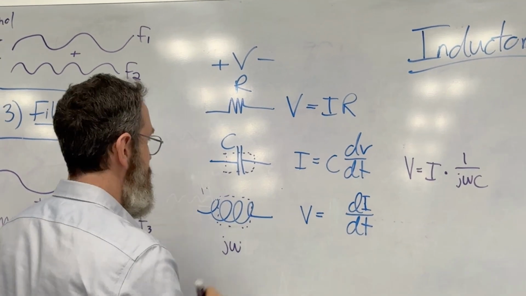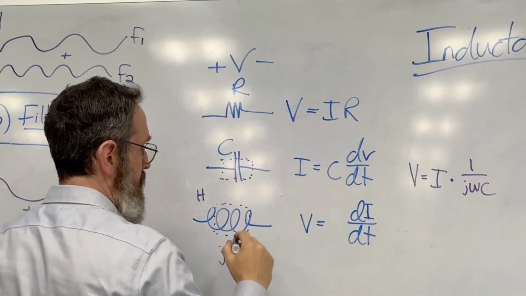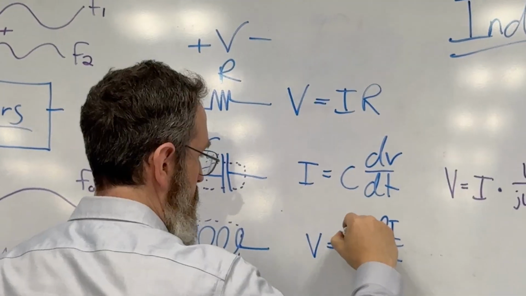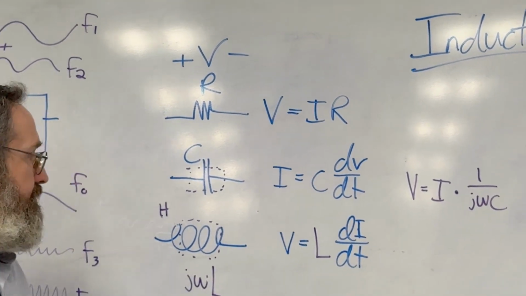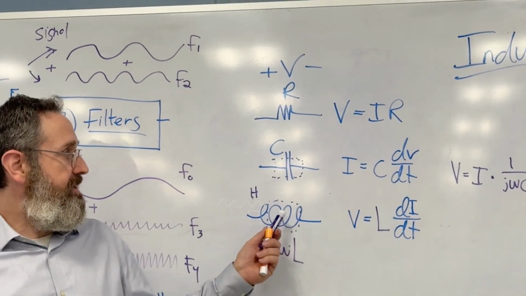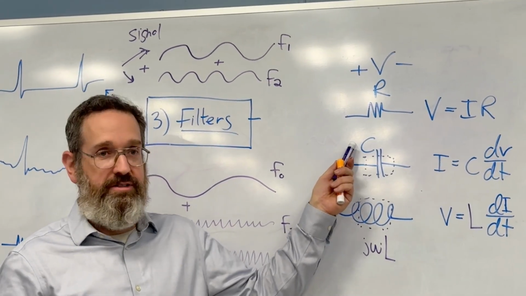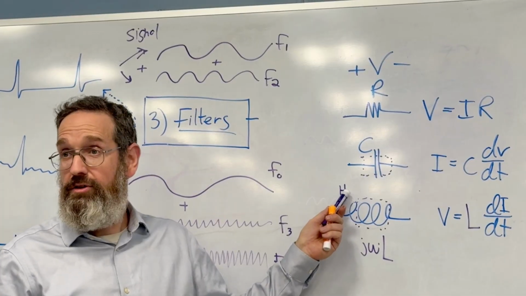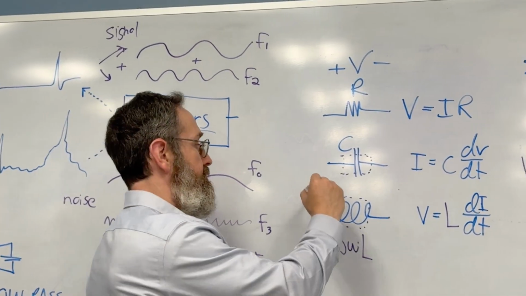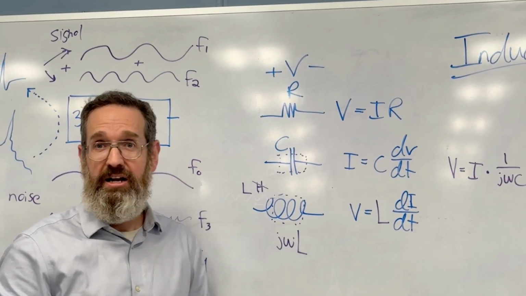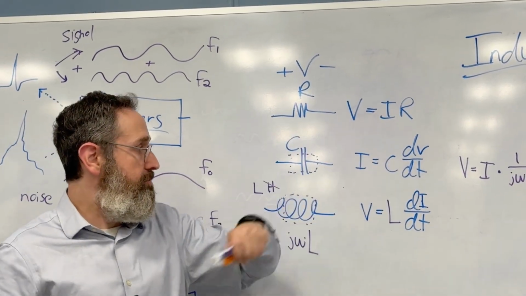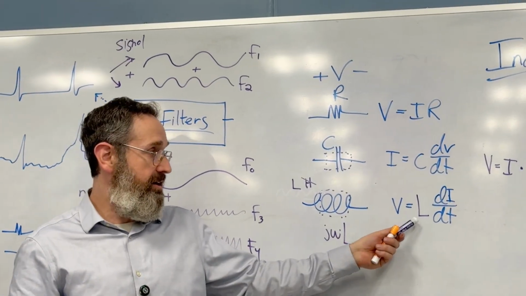So the unit is H, but as I'll talk about, the relationship is given by L. So we're going to write JWL. And I'll explain that in a second. It's like I shouldn't have written farads here, right? I should have just written L for inductance here, okay? But the inductance is in henries, just like capacitance is in farads, and just like resistance is in ohms, okay? So we're going to use L as the standard symbol.